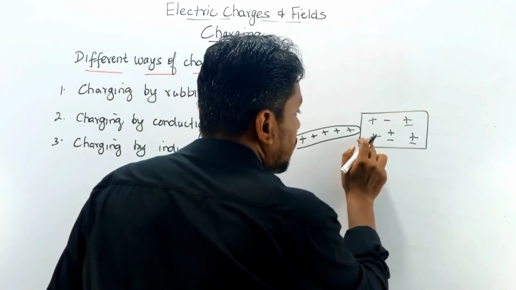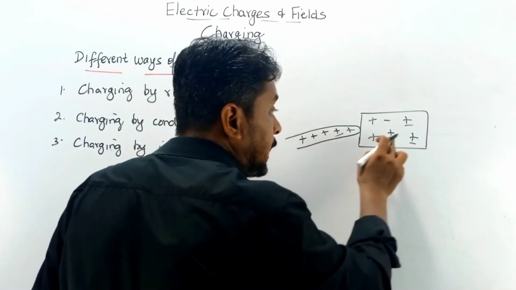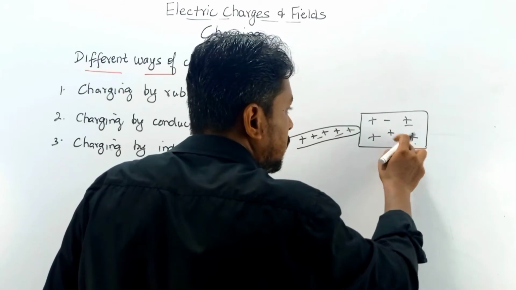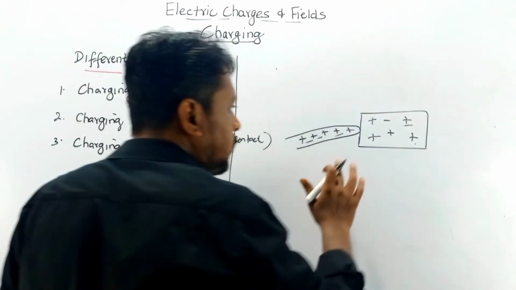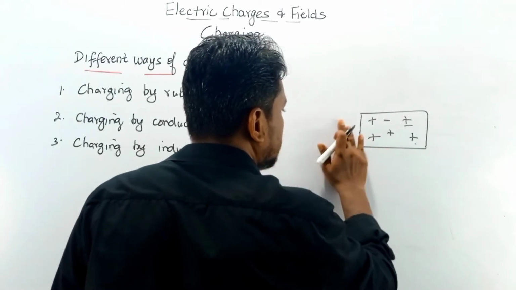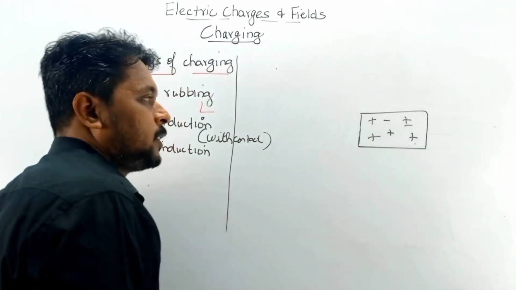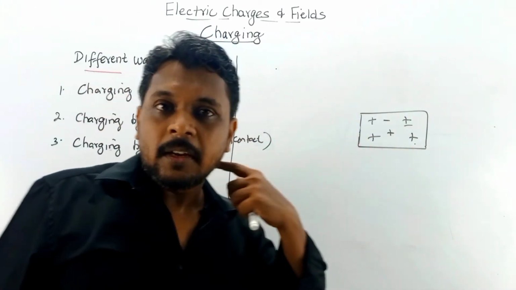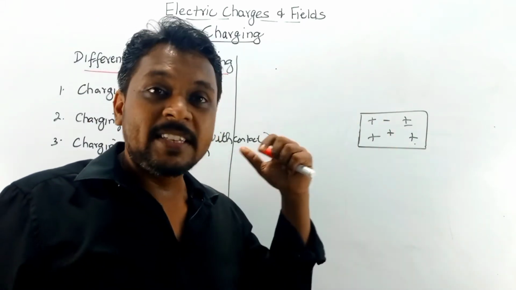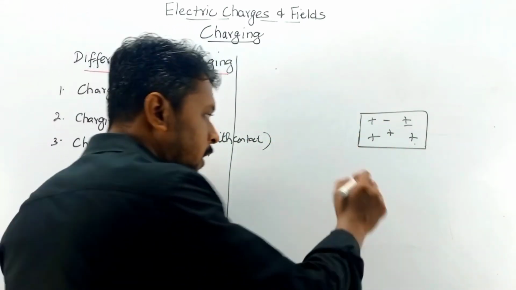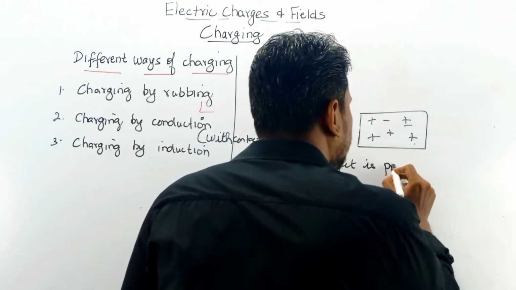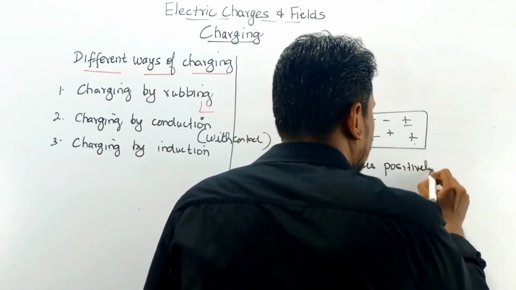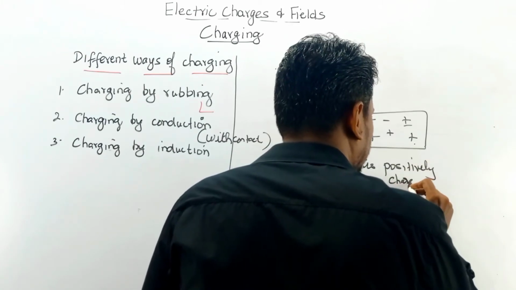The negative charges are attracted by the force of attraction, and some amount of electrons will move towards it. Now when you remove the rod, what is remaining in excess? The positive charge remains in excess in this object. So we can say that this object is positively charged.